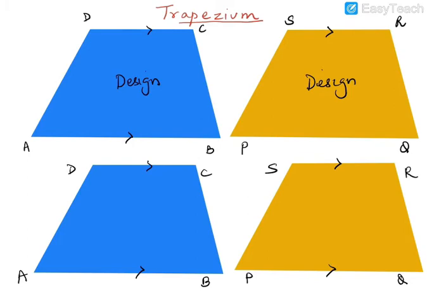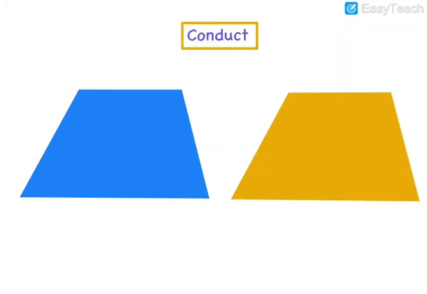Now according to the third step, we have to do the conduct. So to do the conduct, we are going to use the remaining two trapeziums. Now these two trapeziums are to be aligned to form one quadrilateral.